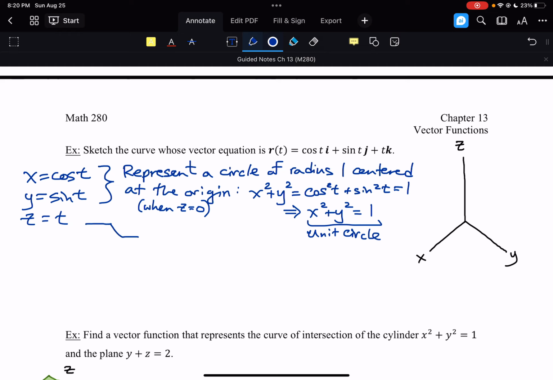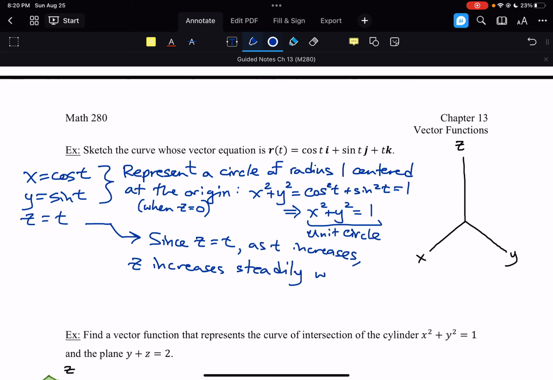So since z equals t, as t increases, z increases steadily with it.